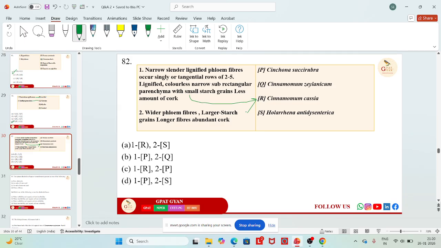And wider phloem fibers, larger starch grain, longer fibers, abundant cork is for the Holarrhena. Holarrhena is Kurchi. And prismatic calcium oxalate crystal is also present in Holarrhena. And this is the characteristic for the cinnamon cassia.